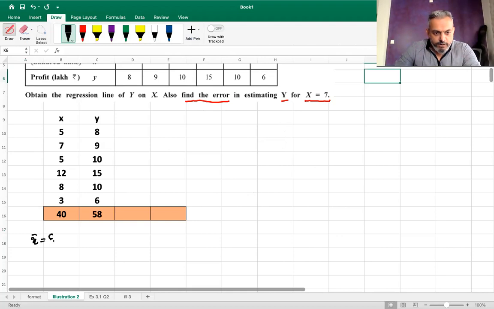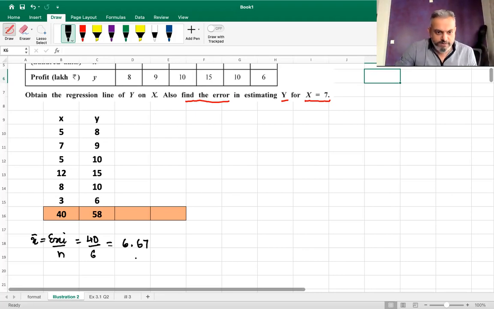x bar is equal to sigma xi upon n, which is equal to 40 by 6, which is 40 divided by 6, which is 6.666666.